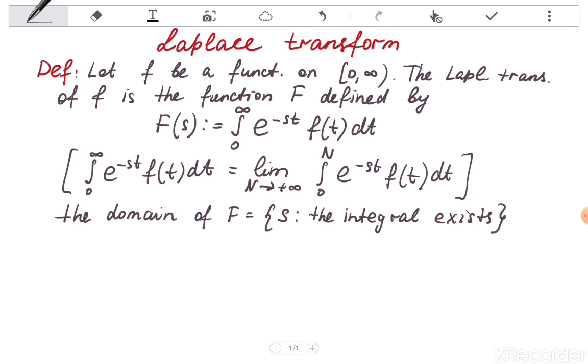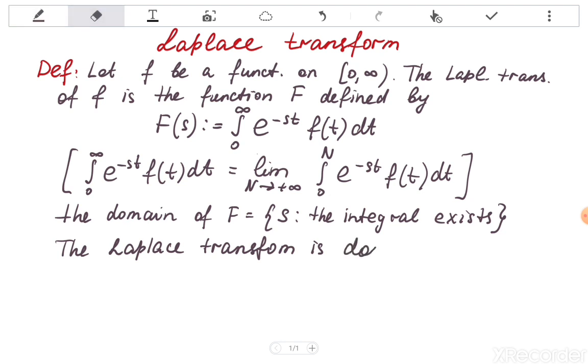Okay, and also the notation, we usually use the notation for Laplace transform is denoted as L, and here we write curly brackets of f. So the Laplace transform of the function f is this function capital F above.